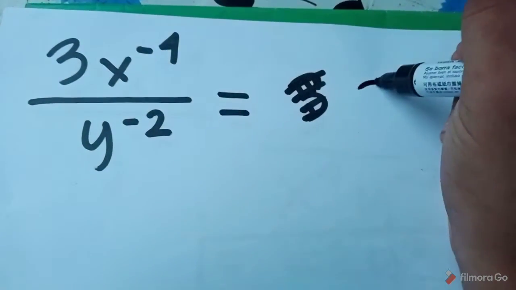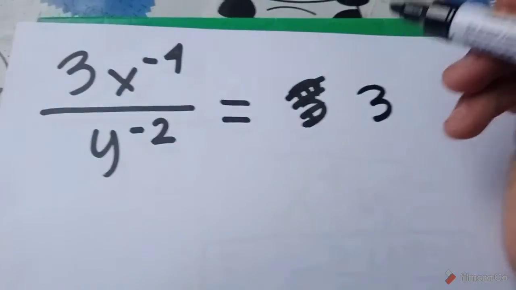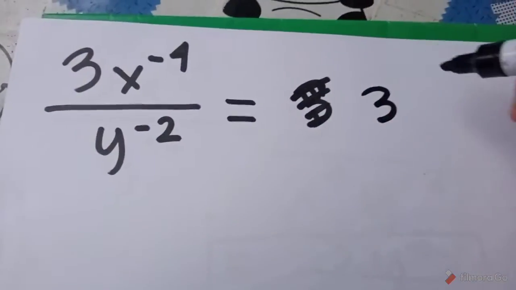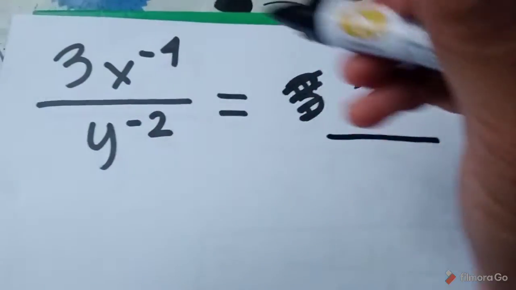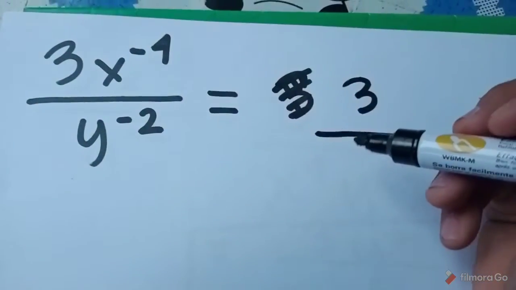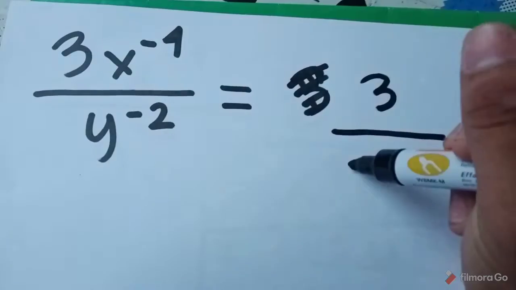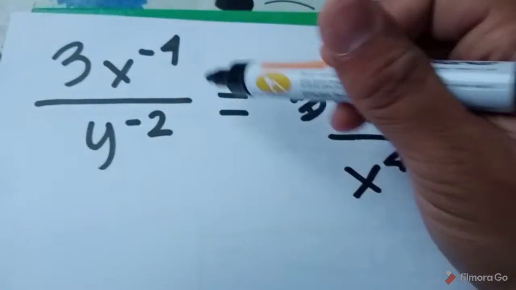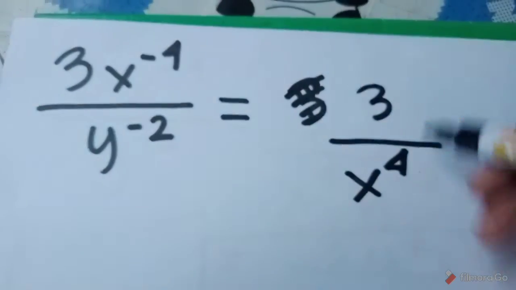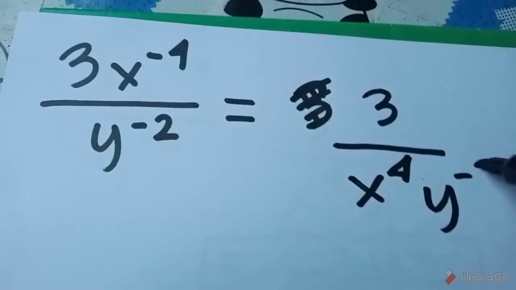Let's copy the 3 because it has a positive exponent, which is 1. Then, let's move x to the power of negative 4 to the opposite side of the fraction. Change the exponent from here to here. So copy y to the negative 2.